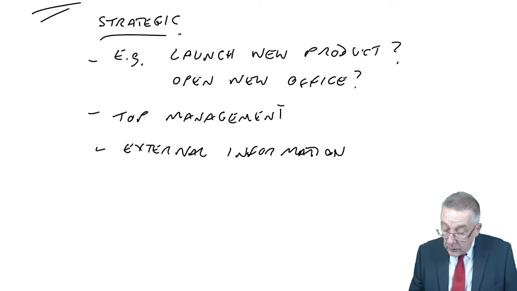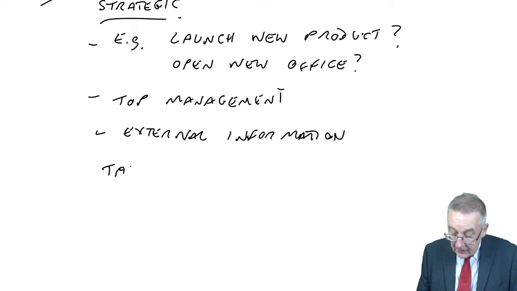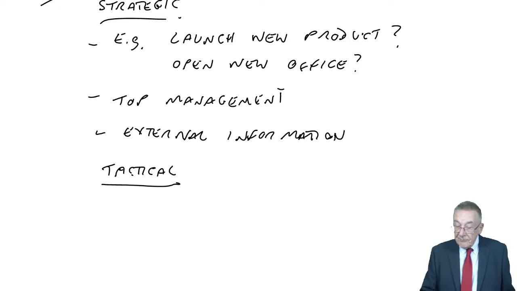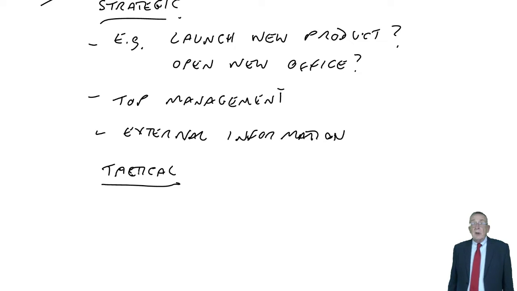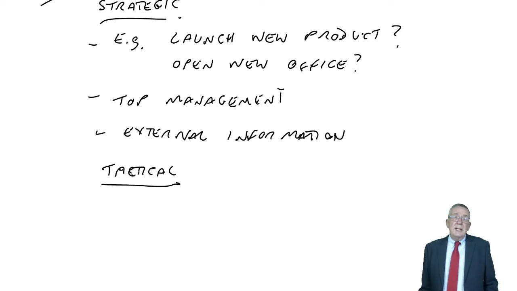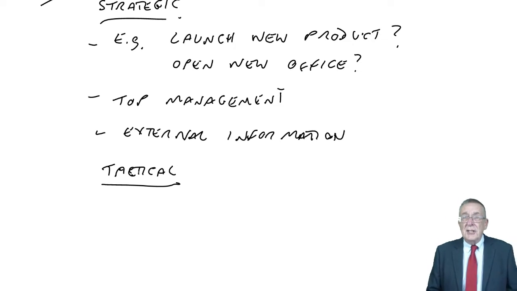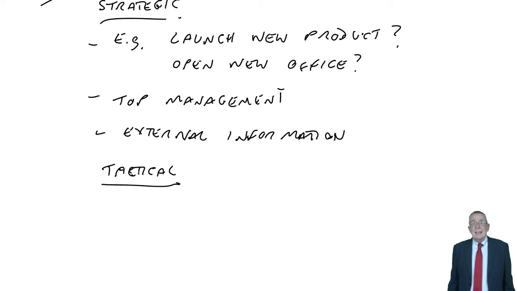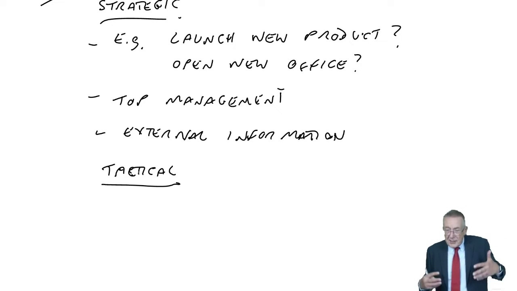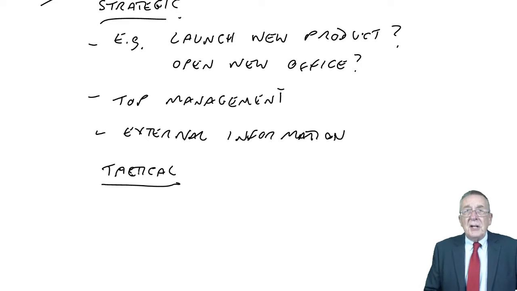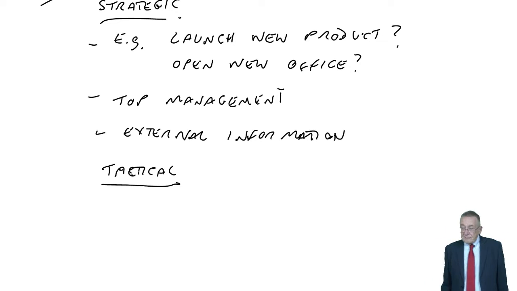The next level down we call tactical decision making. Having decided that we're going to launch a new product, we then start needing to make more detailed decisions, detailed budgets. Exactly what are the costs involved, what are our targets, and so on.